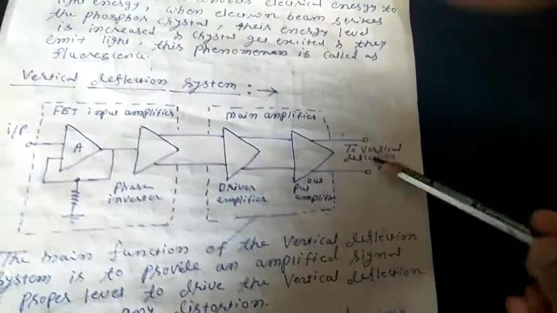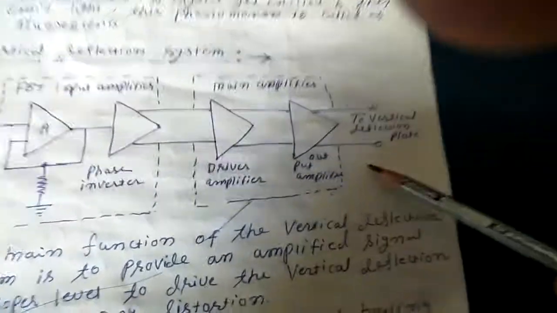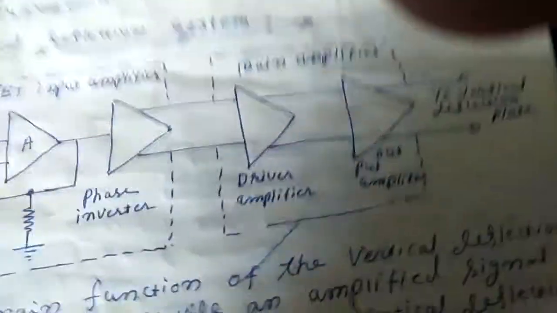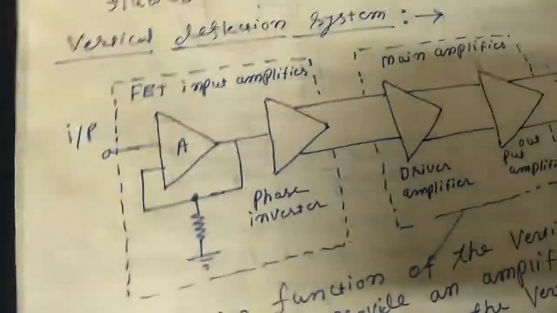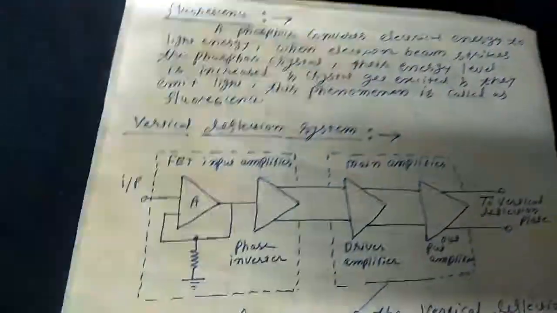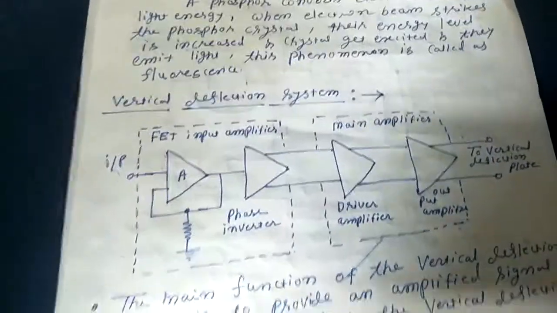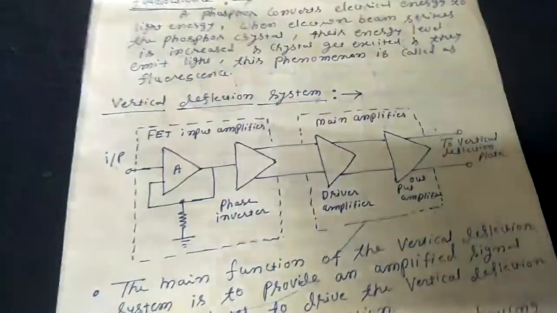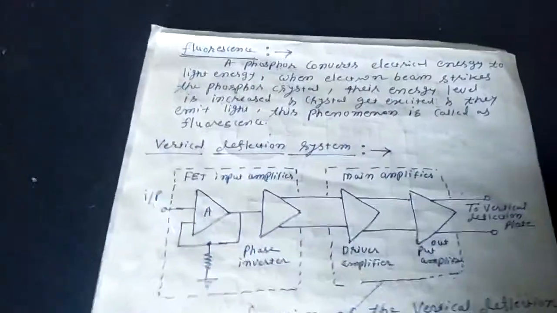Finally this signal is applied to the vertical deflecting plates, Y1 and Y2. Here we are applying the input. This is the unknown input, and it passes through different types of op-amps. I will explain what that amplification system is.